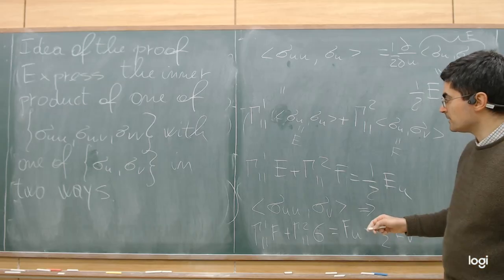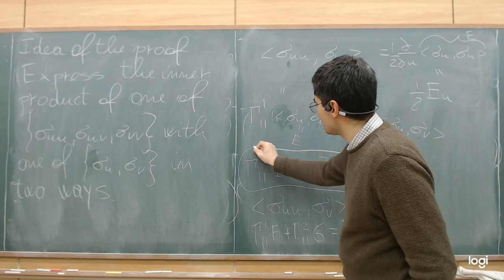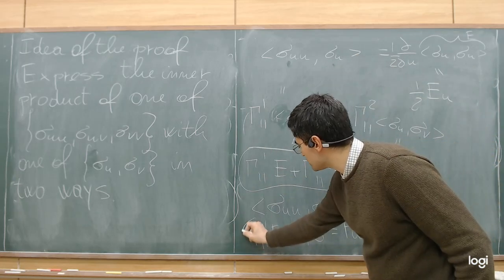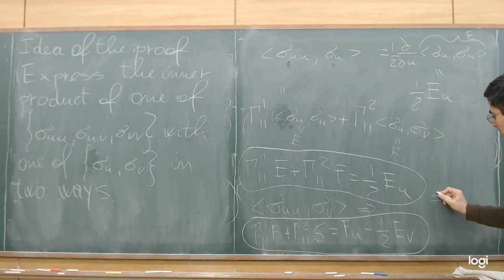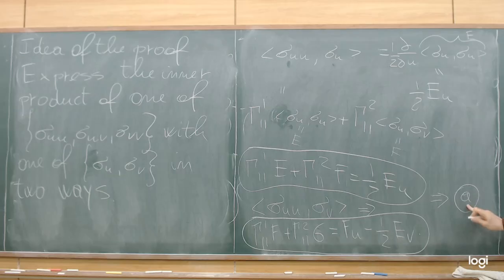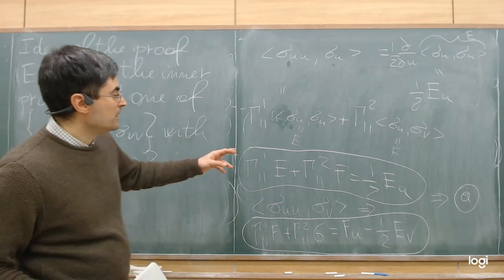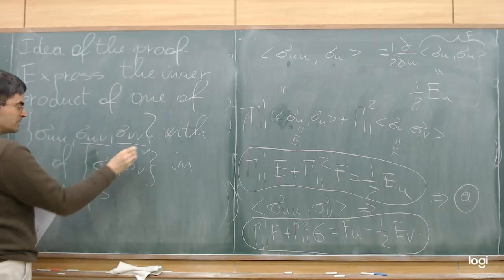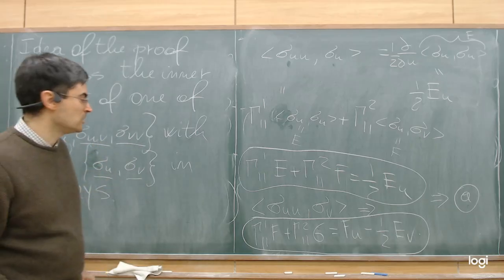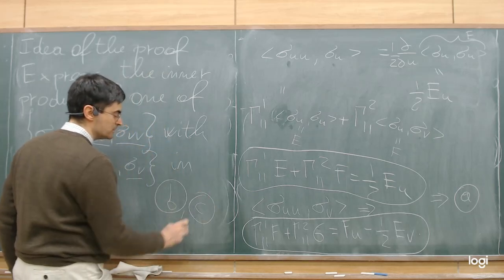And you can now solve the system formed by these two equations, and you will get the equations at part A of the statement. If you consider the inner products of sigma_uv and sigma_vv with sigma_u and sigma_v, you will be able to prove the equations at part B and C of the statement.